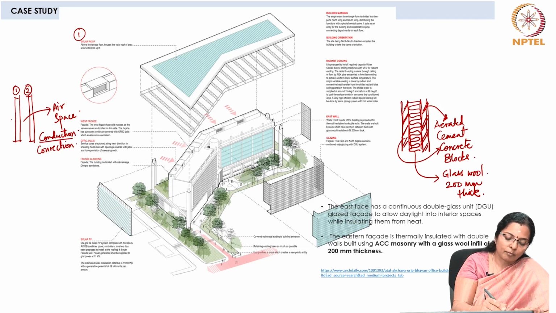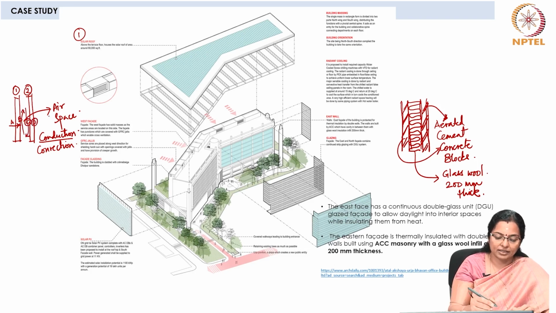So, from point A to B, heat transfer happens by conduction, and between point B to C, heat transfer happens by convection, and between C to D, heat transfer happens by conduction.